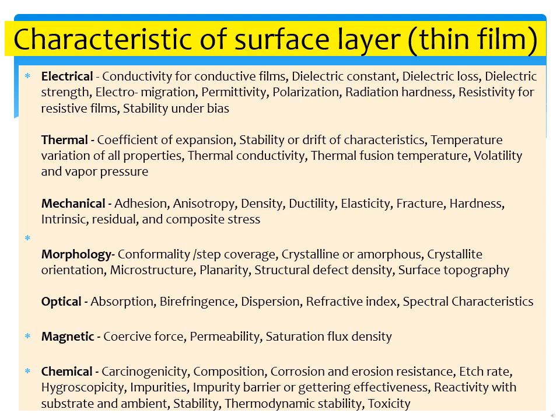In magnetic properties, there are coercive force, permeability, and saturation flux density. Lastly, chemical characteristics: there are carcinogenicity, composition, corrosion and erosion resistance, etch rate, hygroscopicity, impurities, impurity barrier or gettering effectiveness, reactivity with substrate and ambient, stability, thermodynamic stability, and toxicity.